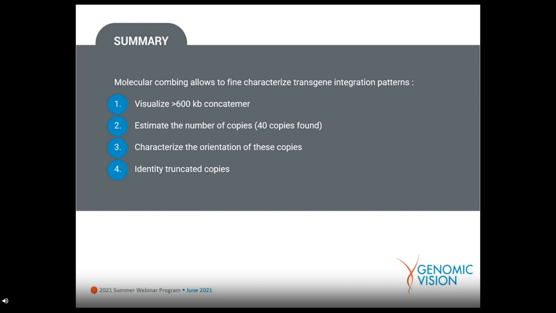So molecular combing really allows for fine characterization of transgene integration patterns, and this deep characterization of transgenes is really key in the field of gene and cell therapy, and for animal model generation, like the generation of humanized mouse models, but also it's a regulatory requirement in the bioproduction field.